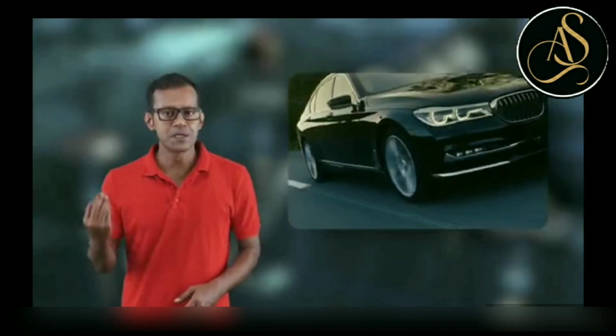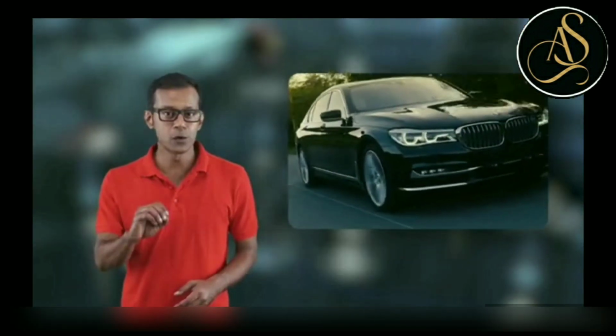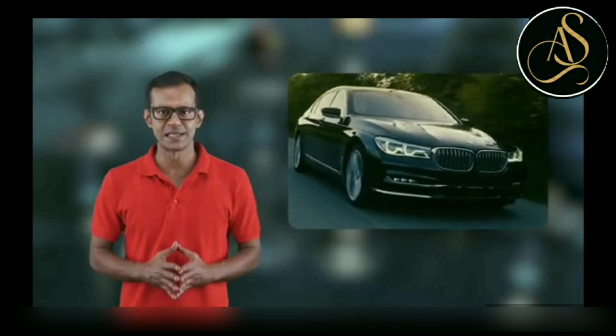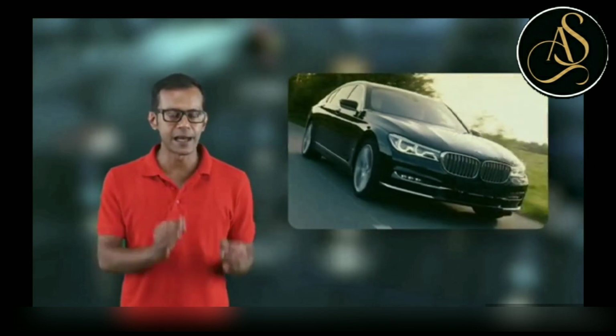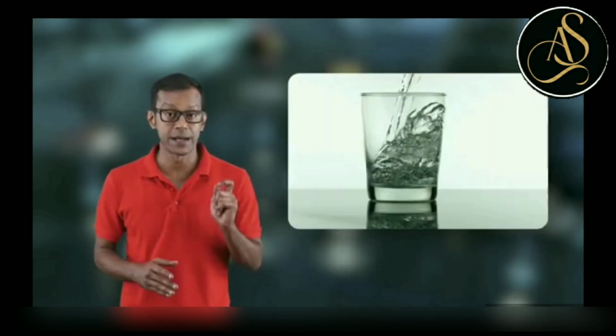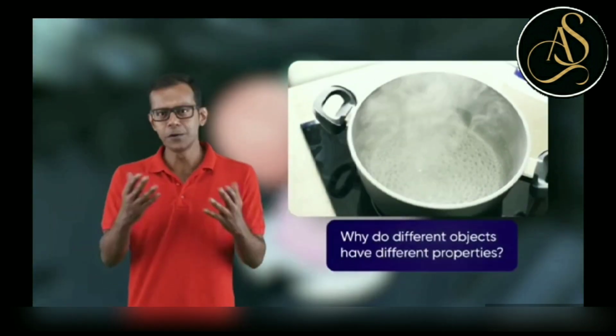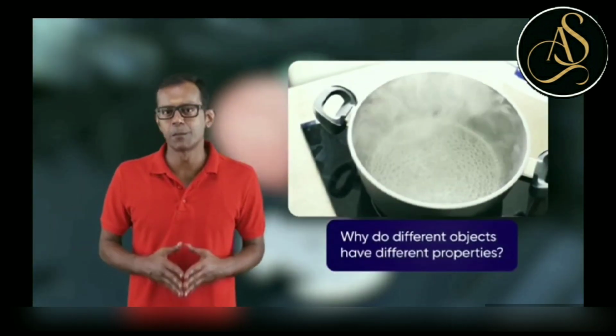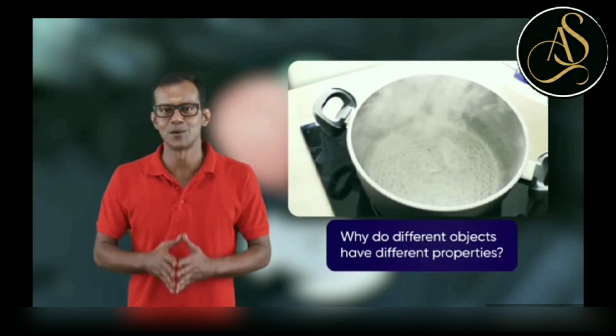When you observe your surroundings, you can note that there are some substances as hard and tough as a car, whereas some material like water can flow and have no definite shape. Why do different objects have different properties? Let's explore.